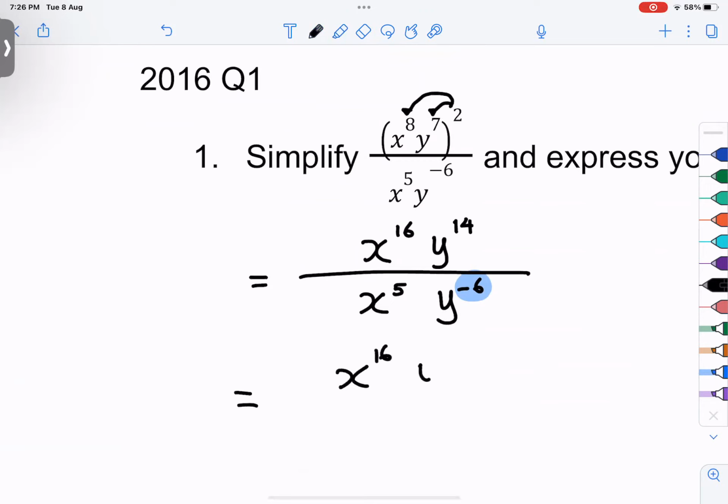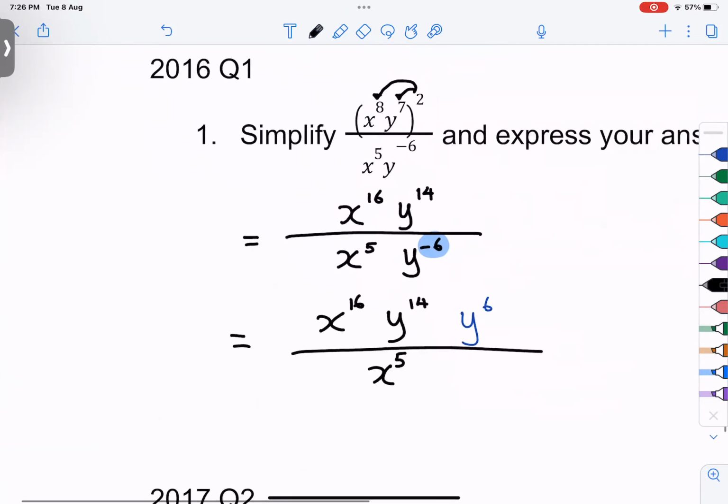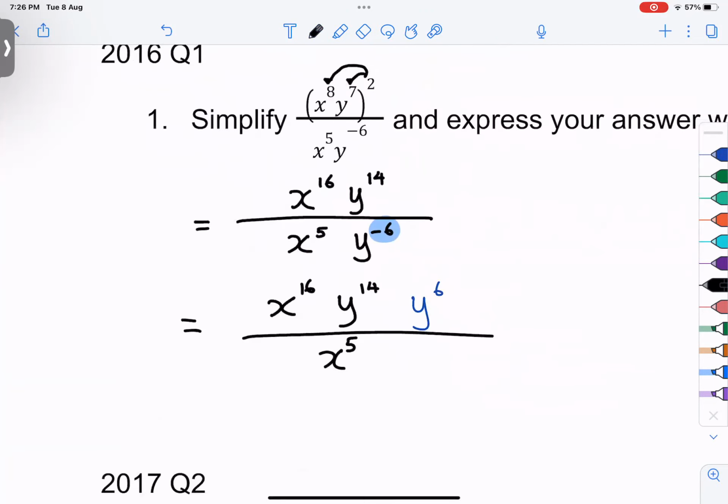What question are you guys on? 2017. Okay, that's quick. And then if the bases are the same, just add the powers. If the bases are on different stages, then you minus.